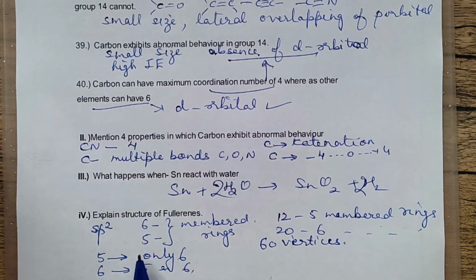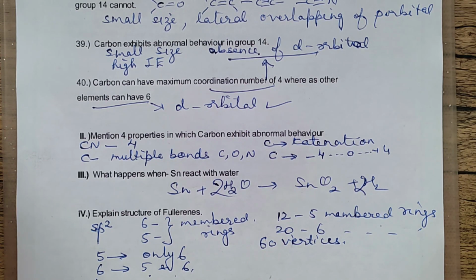You cannot draw the structure otherwise because it's a 3D structure. So that's it. I think we have tried to cover most of the questions which can be asked from group 13 and 14. So now you can learn them, and please make notes so that all the questions are together with you. Thank you.